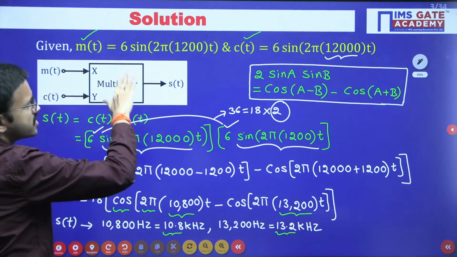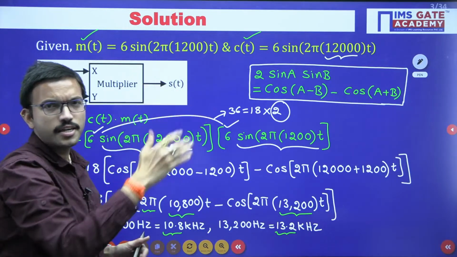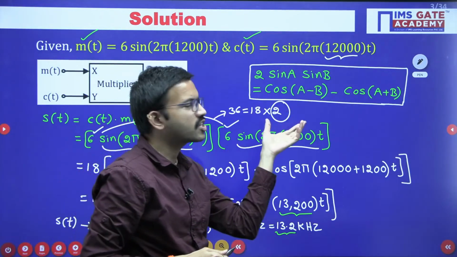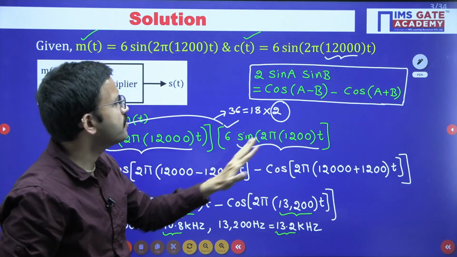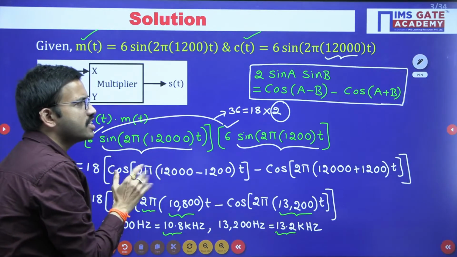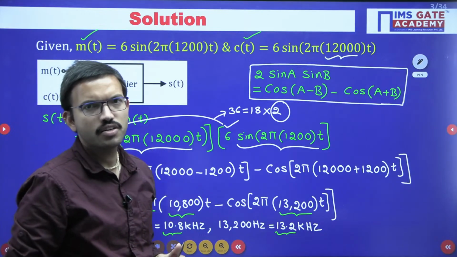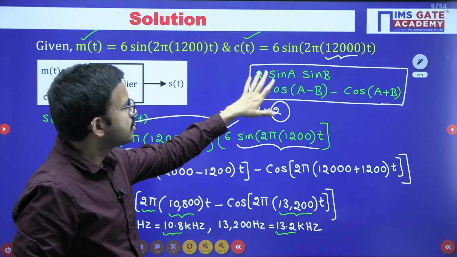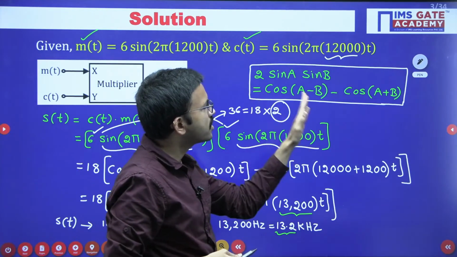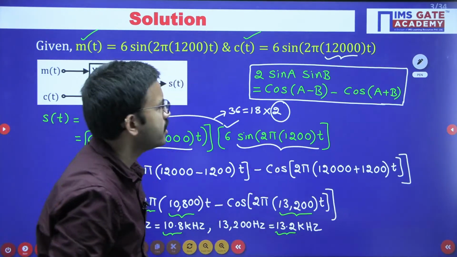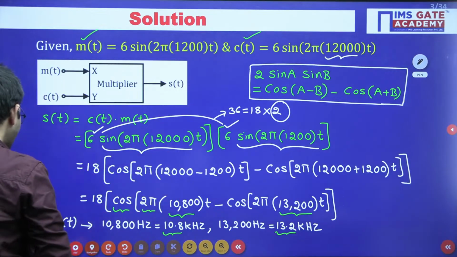Whether you have sine or cos, no problem. Whatever the four possible trigonometric equations you have, from there you will get in one term the difference, in another term the addition, according to the formulas: 2 sin A sin B, or 2 sin A cos B, or 2 cos A sin B, or 2 cos A cos B. You will be having four equations, right?